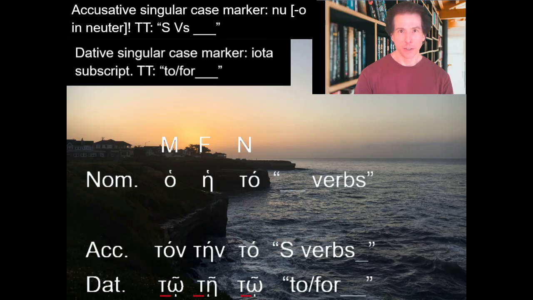And again, in the neuter, you have the iota, that little mark right under the omega with the nu. It's telling you that's iota subscript. So it's pronounced like iota, but instead of being written to the right of the letter, it's written underneath it. Okay, so those are pronounced toi, te, and toi.